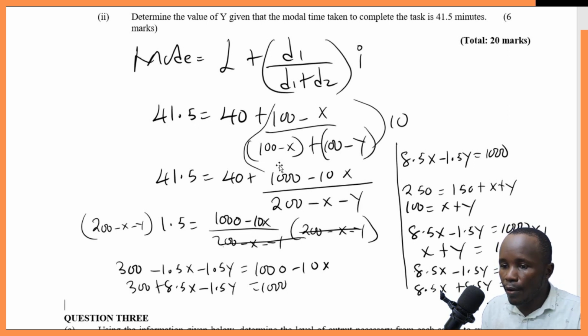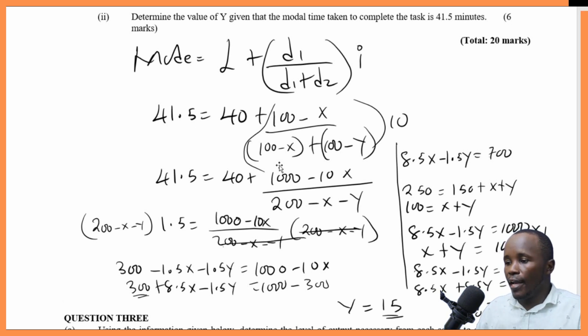Here we had an issue. When you have this 300, when you come to this side, it will be minus 300. So this one is supposed to be 700, because when you add the like terms, 300 comes to the other side, it's 1000 minus 300. It therefore means this is 700. So 700 minus 850, you get negative 150. Divided by negative 10, and you find that y is equal to 15.